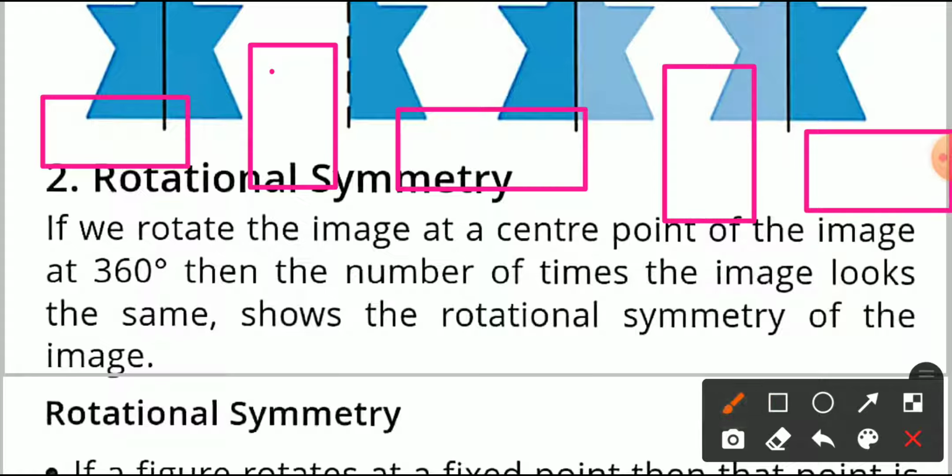At first rotation this will look like this, and at second rotation it looks the same, at third rotation it looks like this, and fourth again it looks the same. So after rotating four times, that means 360.